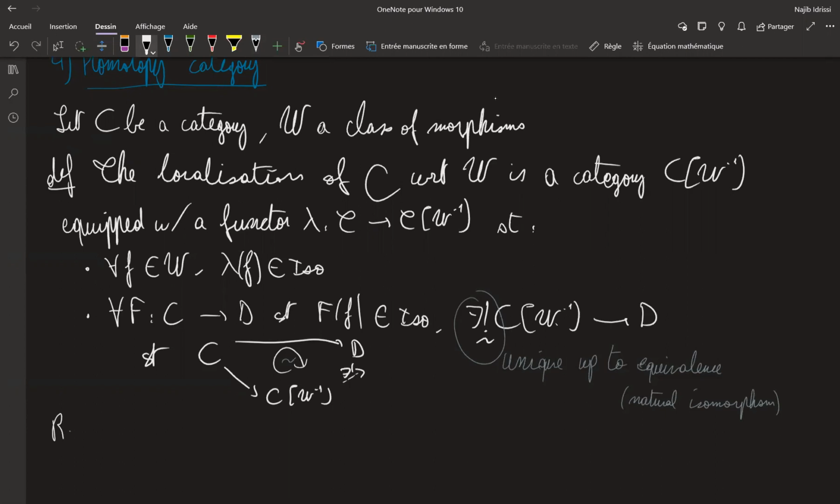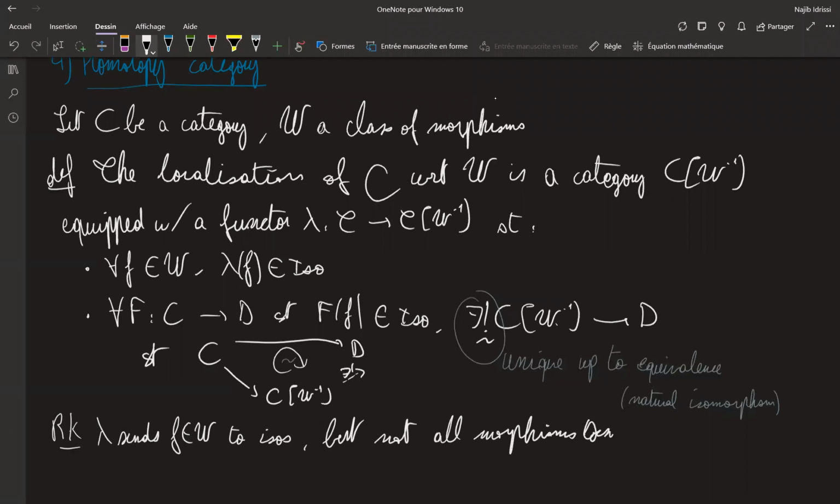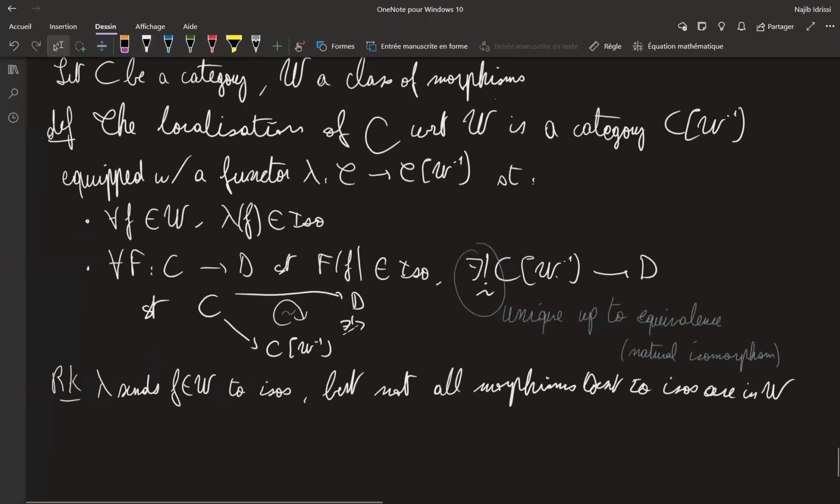So as a remark, note that lambda sends W to isos, but not all morphisms sent to isos are in W. You could have a weird possibility of a localization in which you have more maps which are sent to isos.